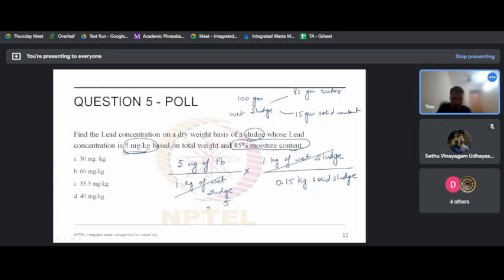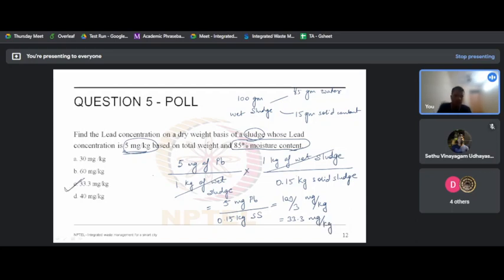So we'll have 5 mg lead divided by 0.15 kg solid sludge. This would be around 100 over 3 mg, and the denominator unit is kg. So 100 by 3 will be close to 33.3 milligrams per kg. So that is option C.